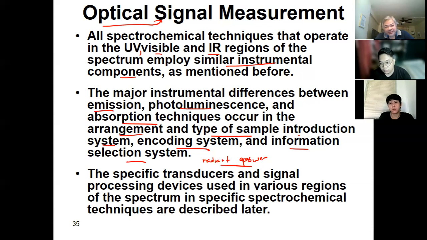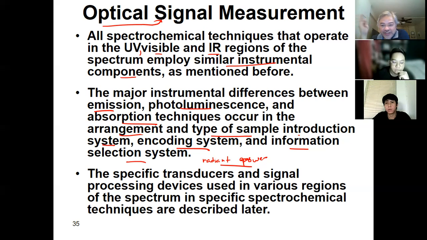Sometimes you don't even need a detector. But what do you think happens if you don't have, let's say, a detector or a readout system? What would be the basis of your analysis? It's all qualitative, right? If I ask you what is the most important part in a spectrochemical system, my answer is the light source.